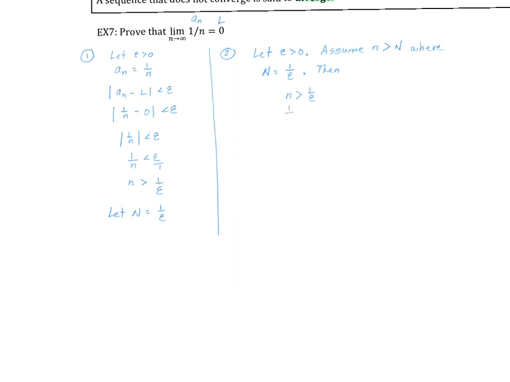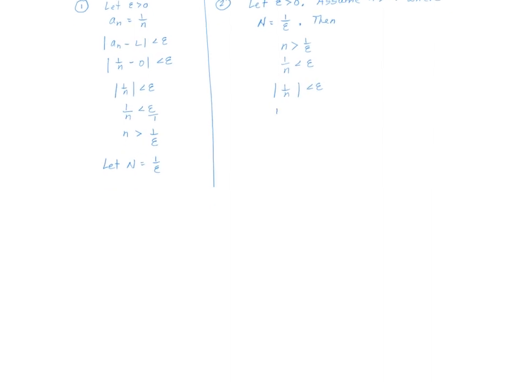So I have 1 over n is less than epsilon, which is 1 over n in absolute values less than epsilon. That's still true. 1 over n minus 0 is less than epsilon. And I'm done.